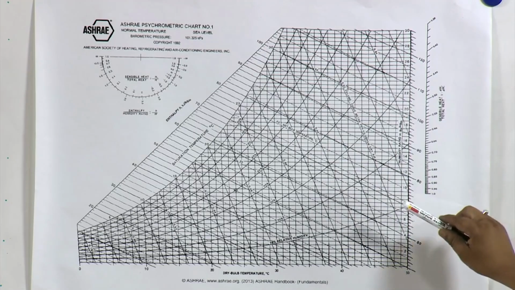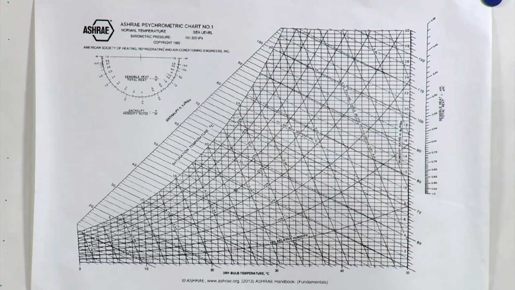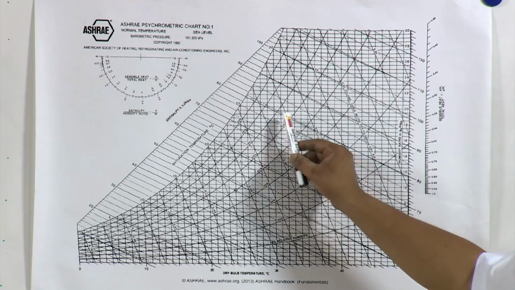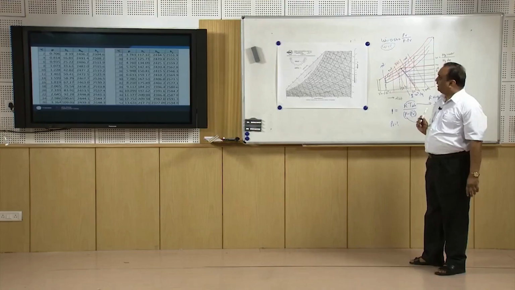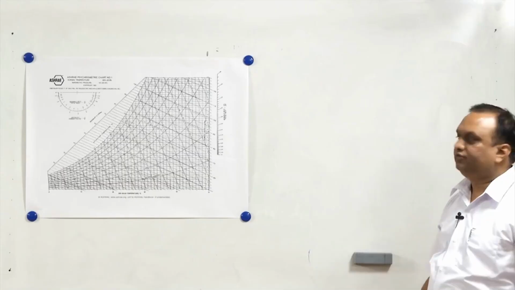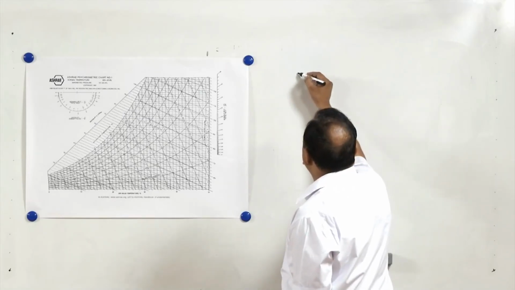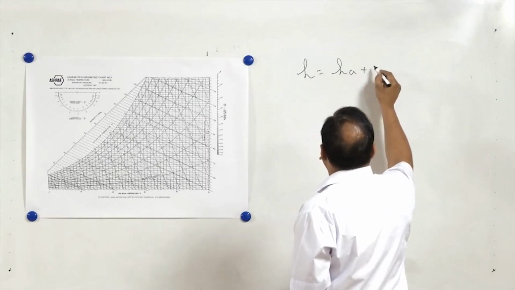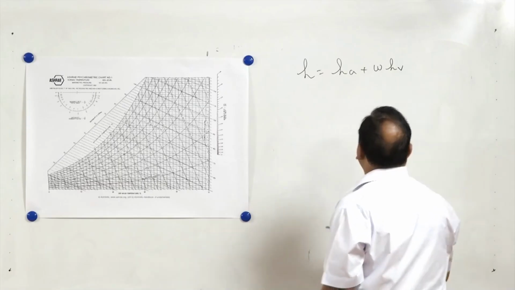Then you can see that there are certain dotted lines. These dotted lines are constant wet bulb temperature lines, and close to these wet bulb temperature lines there are solid lines also. They are constant enthalpy lines. So enthalpy of the air-water vapor mixture can be taken as enthalpy of air plus specific humidity times enthalpy of vapor.